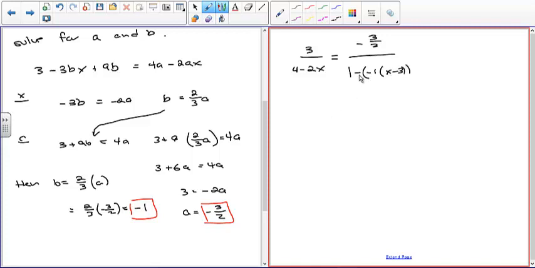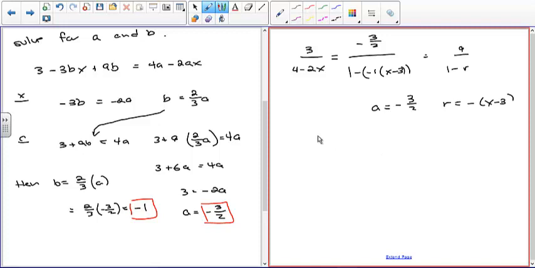Now I left the negative sign here because that's supposed to be A over 1 minus R. So in this case, A is negative 3 halves, and R is equal to negative (x minus 3).